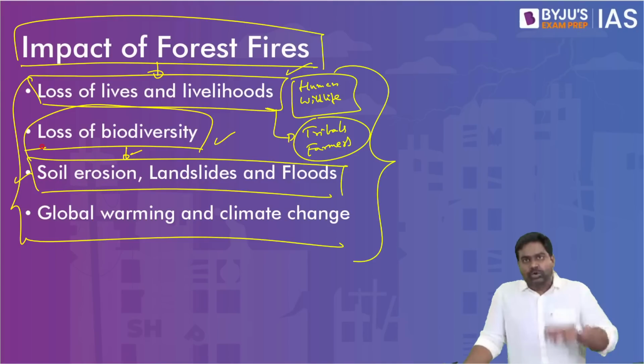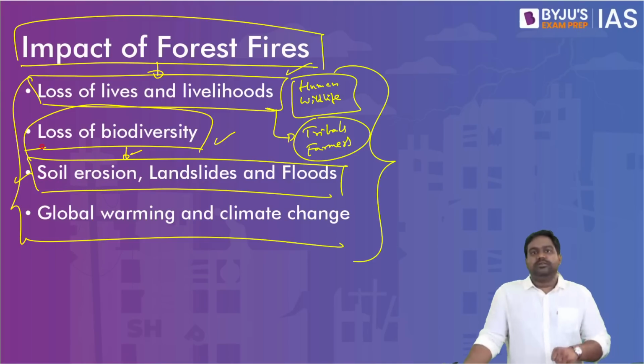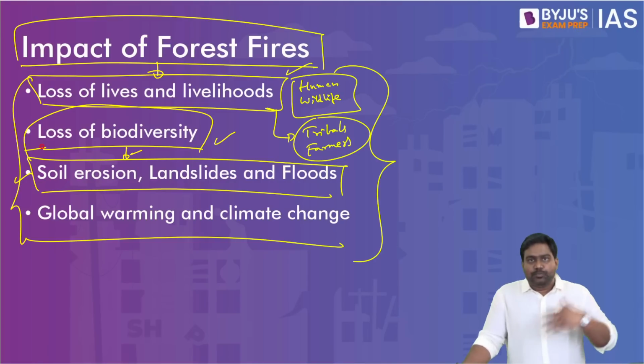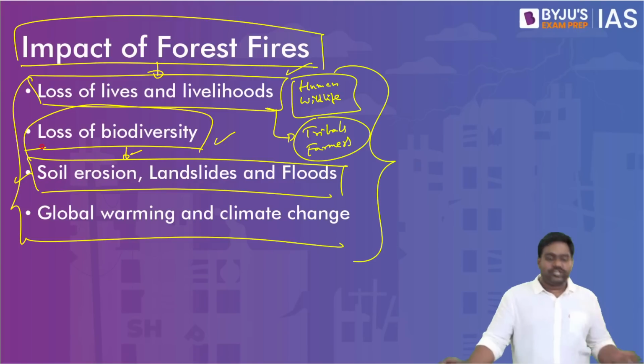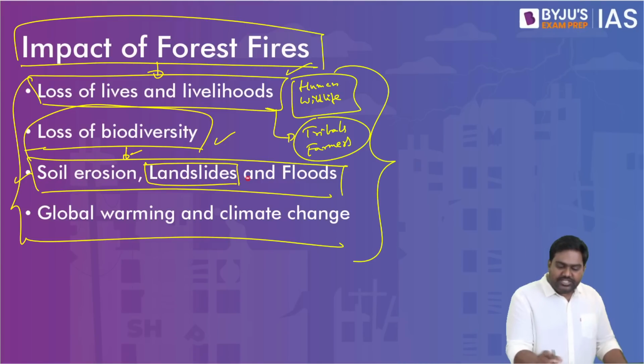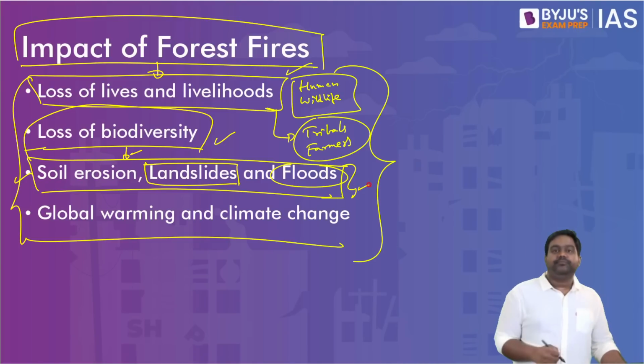Before, the forest was holding the soil, giving it the support and the fertility that was necessary. If forests are burnt down entirely, it increases soil erosion because now the soil is exposed to the elements, to the wind and rain. Soil erosion increases, that causes land degradation, desertification, which further aggravates landslides and floods.